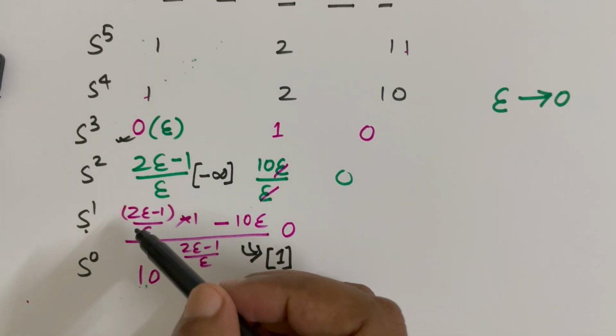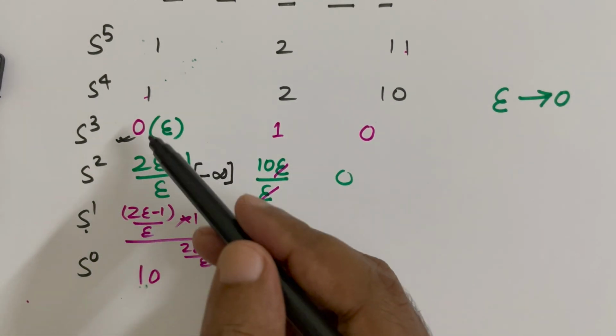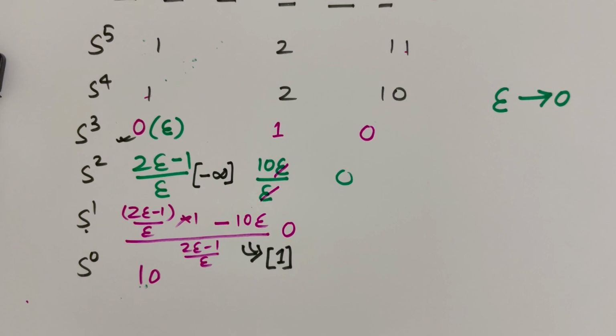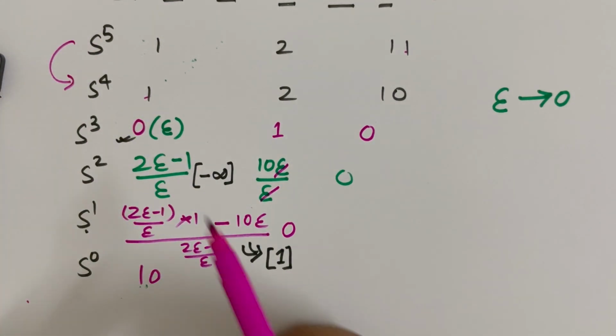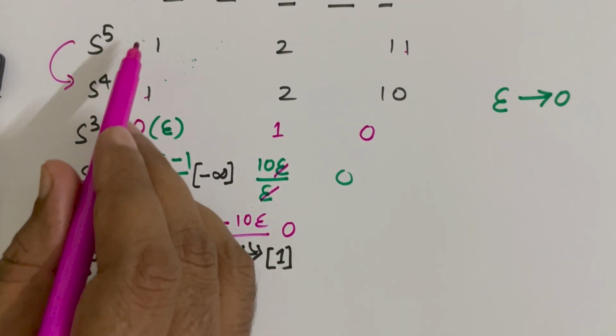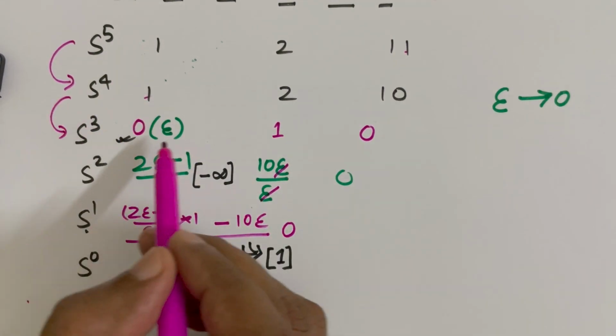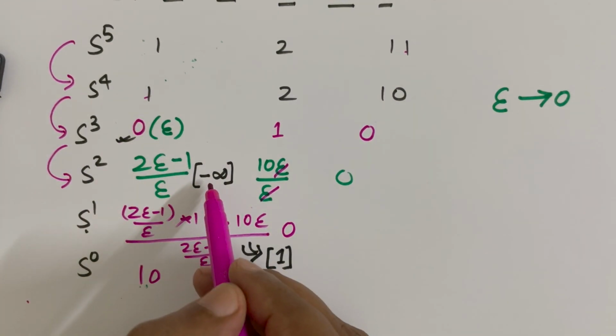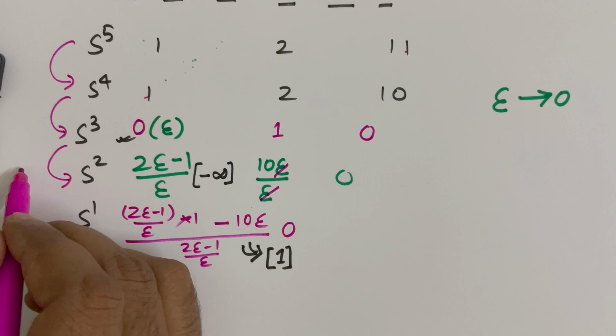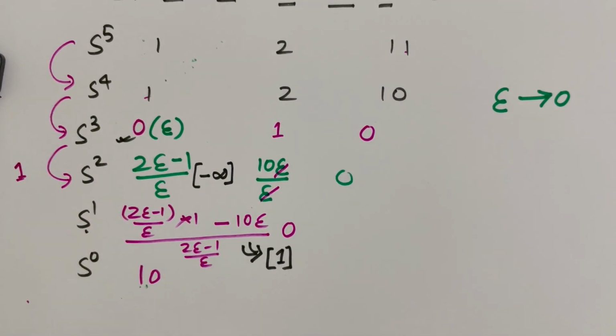So we have found the remaining values in this column, and now we can see the sign changes. From here there is no sign change, it is 1, 1. Here 1 to 0, no sign change. Here 0 to minus infinity, so there is 1 sign change.